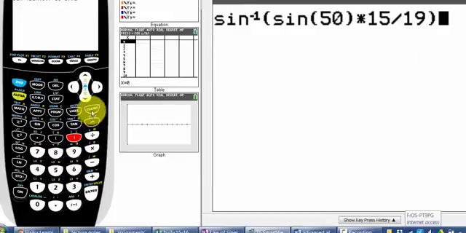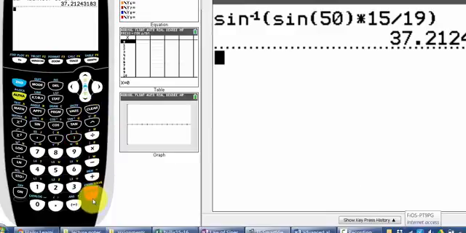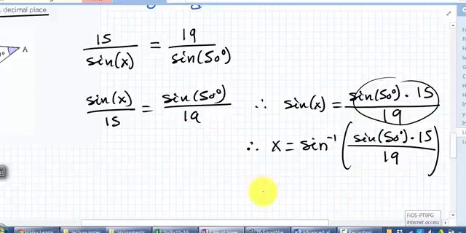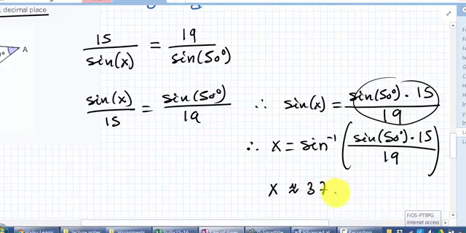Let's check out the value of this angle, and this is 37.2 degrees, and so we have x is about 37.2 degrees. Here we go.